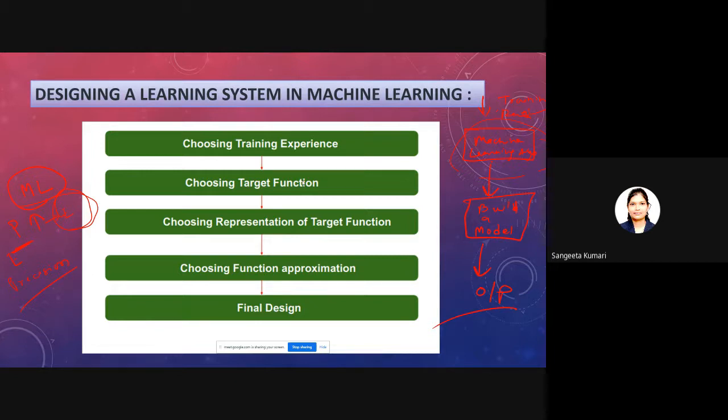You are thinking, I will pick this particular move, and then after, the opponent may go this way, but the opponent has done something differently, right? The opponent's move was different from your thinking. In that case, accordingly, an approximation algorithm needs to be used, and then after there will be the final design. So this is all about designing a learning system in machine learning.